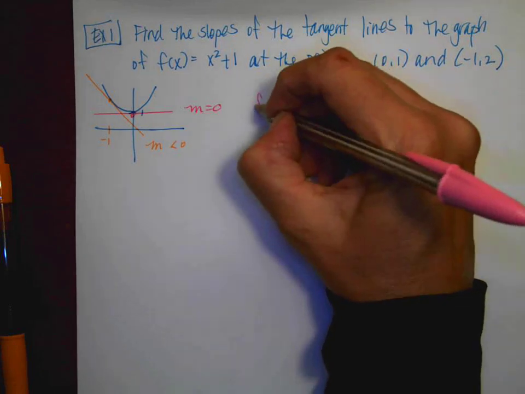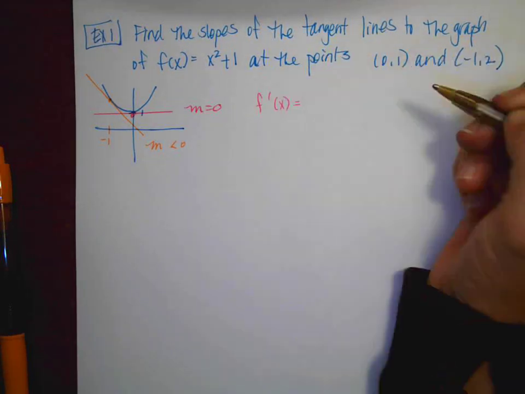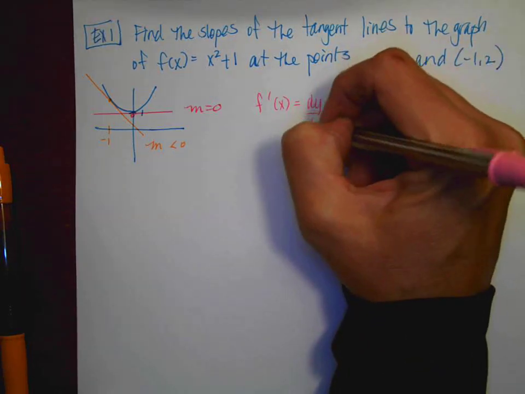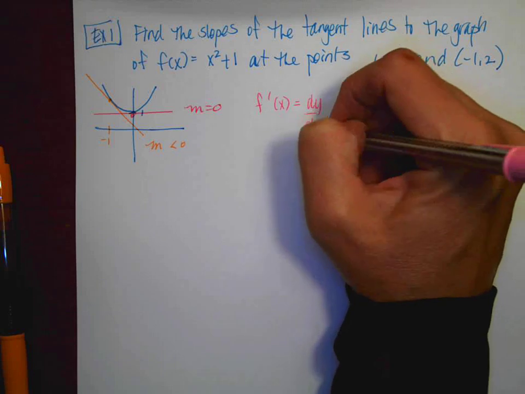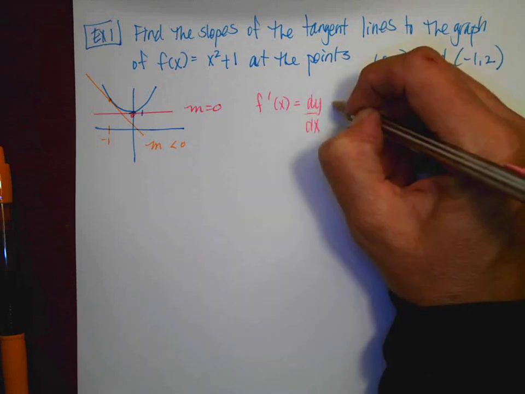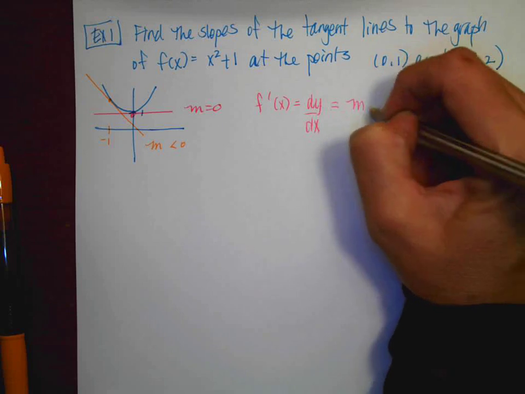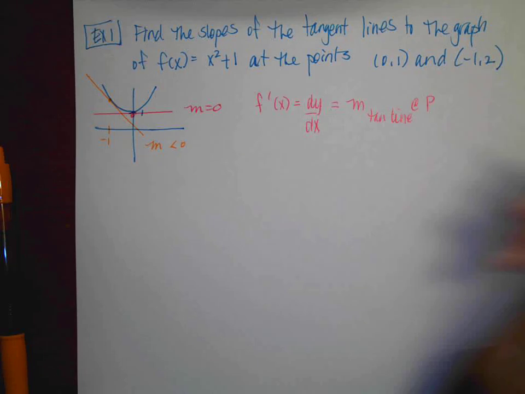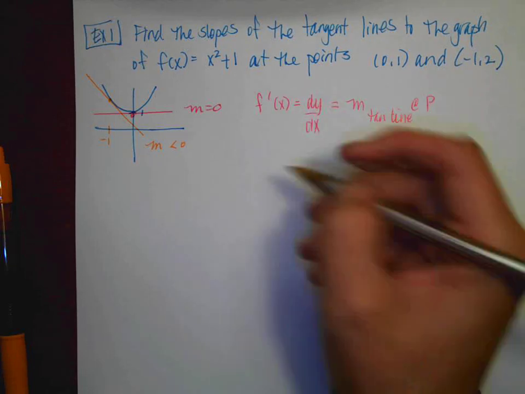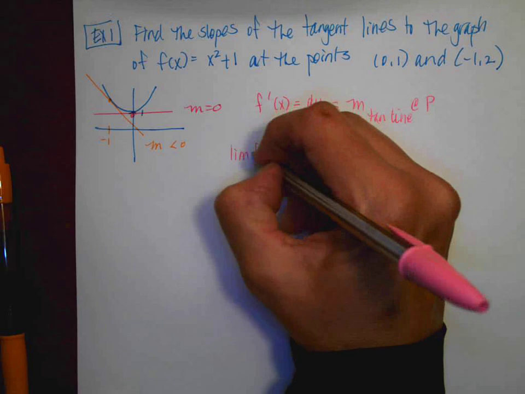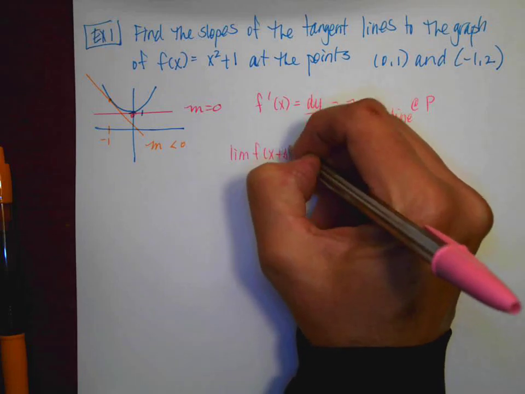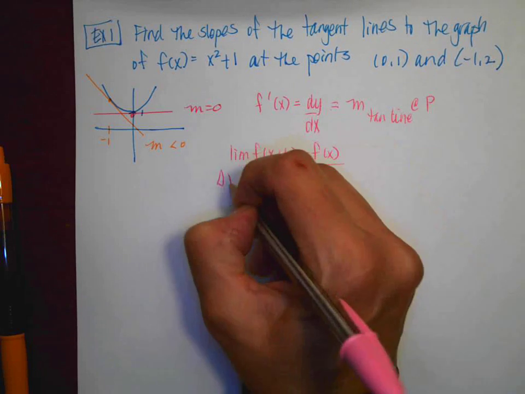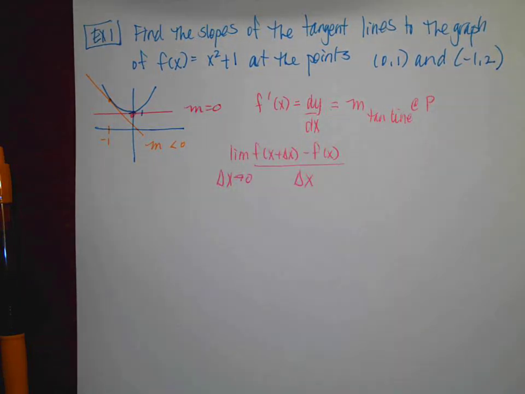All right, so if I start to do my math, I'm going to say f prime of x, and I'm just going to write this out so we get used to the notation, is equal to dy dx, the derivative of the function with respect to x, and then this is going to equal the slope of the tangent line at a point, and we're going to do it with the limit definition of a derivative, which says that the limit of f of x plus delta x minus f of x as delta x goes to 0.